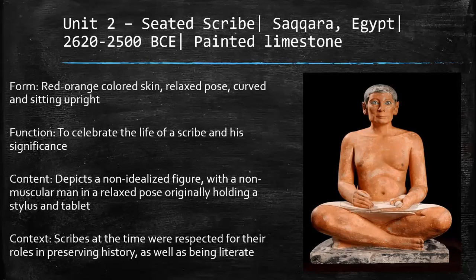So you see a scribe who's not idealized at all, because he's not meant to represent an actual standard for men back then, at least not in Egypt with this piece.